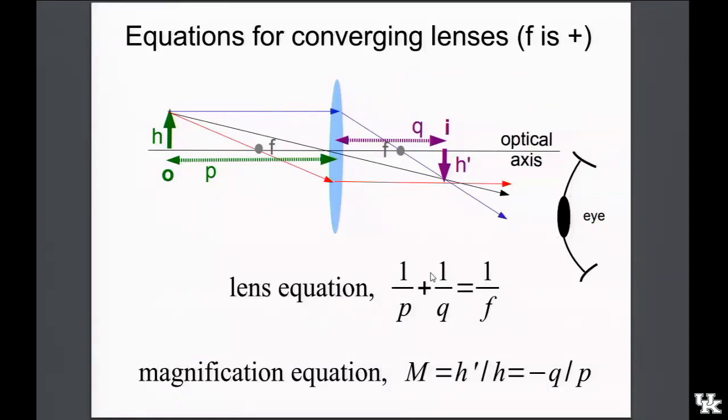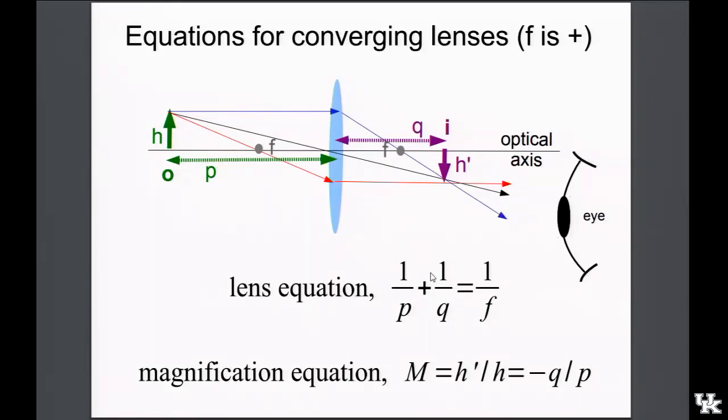Okay. So there's a pair of equations that help us compute the properties of the image. There's a lens equation that allows you to compute its location and what side of the lens it's on. And then there's a magnification equation that allows you to compute how much it is magnified or minified, and also whether it's upright or inverted.